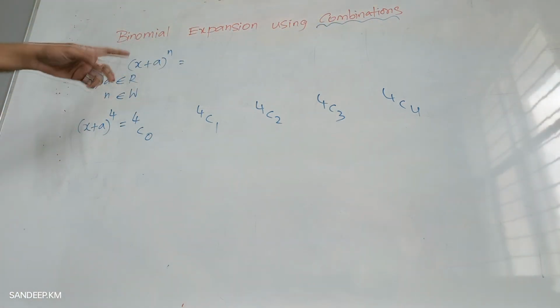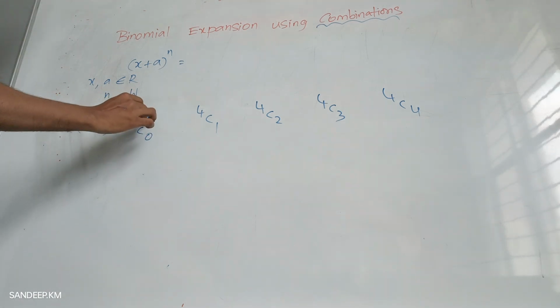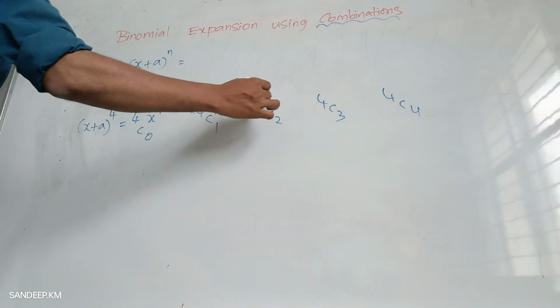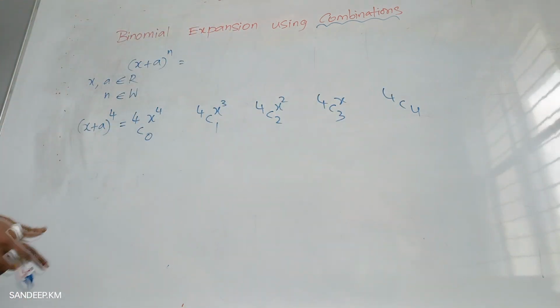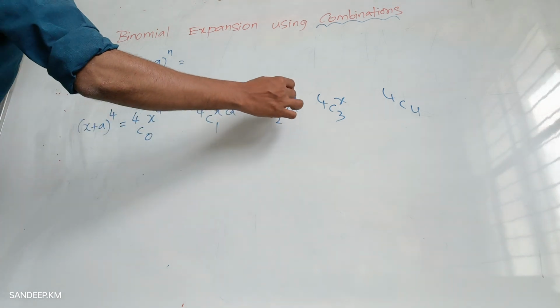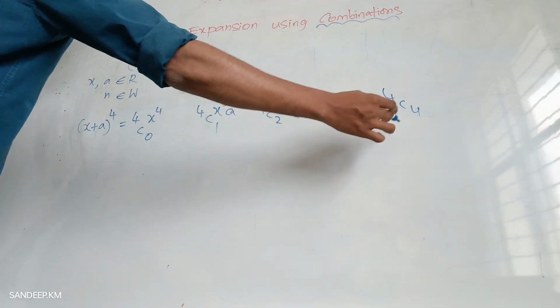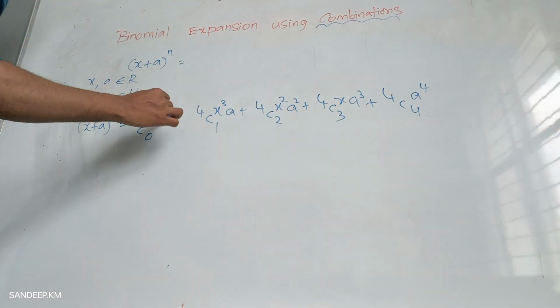Now, after writing the coefficients, first x powers and after that a powers. What is it? X power 4, x cube, x square, x and then constant. A power 0, a power 1, a square, a cube, a power 4, and then keep the plus sign in between them.